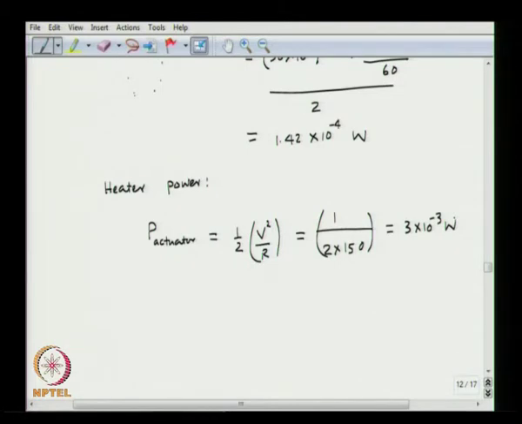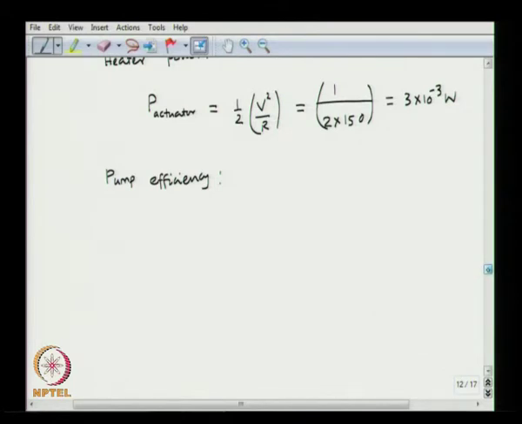So, you can find the pump efficiency. The pump efficiency is going to be the power of the pump divided by power of the actuator, which is the heater power.